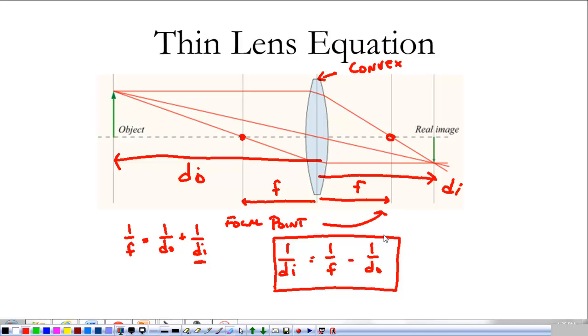We have two examples to look at how this is going to work, and tomorrow in class we're going to try to put some trends together to see how this works. But one thing I want to point out is if we look at the object here and the real image here, we can see that the real image is smaller. This is diminished.